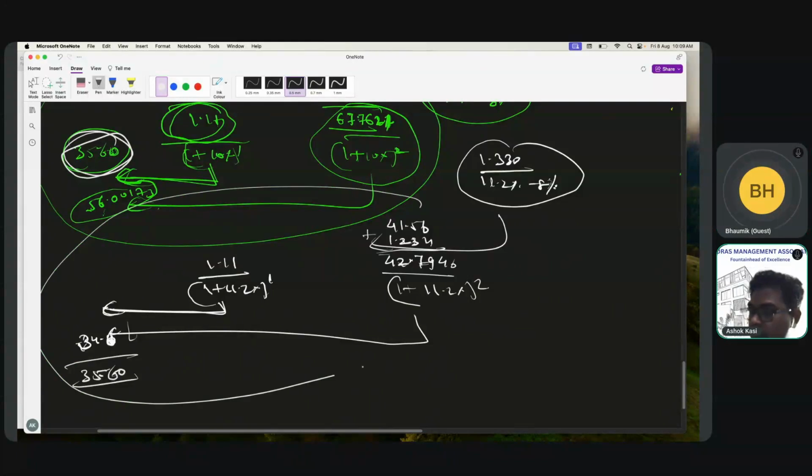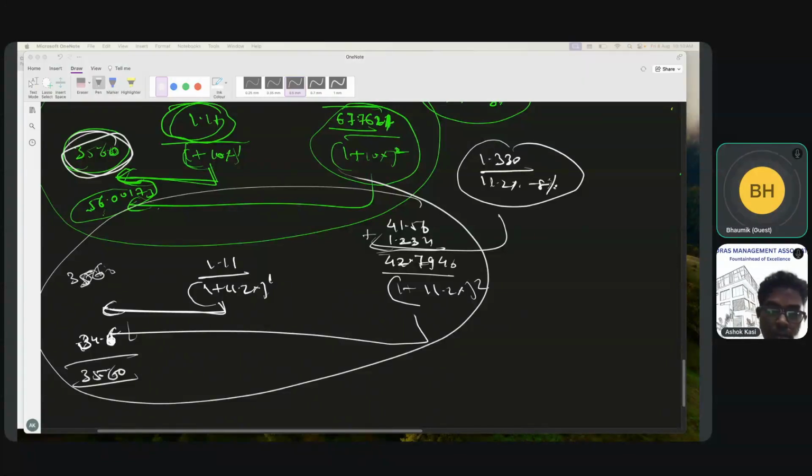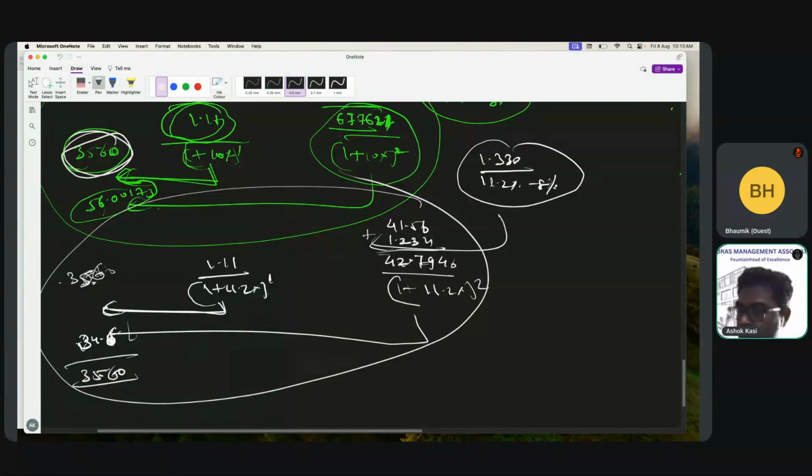Otherwise, this we can do in the cash flow function also. CF0 you keep as minus 35.60.